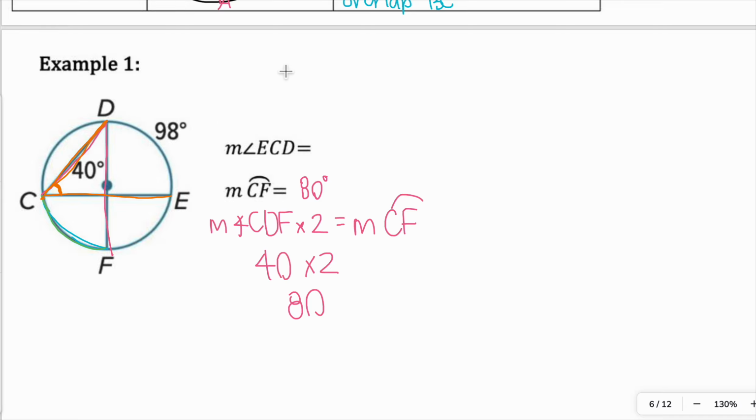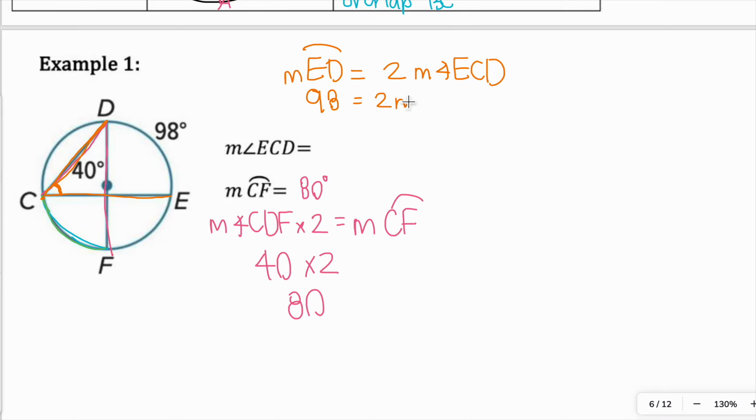The measurement of arc ED can be found by taking 2 times the measure of angle ECD. So we don't know what ECD is, but we do know the measurement of ED's arc is 98.